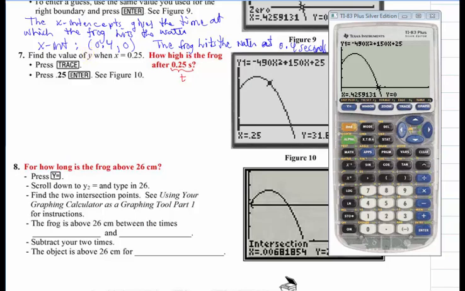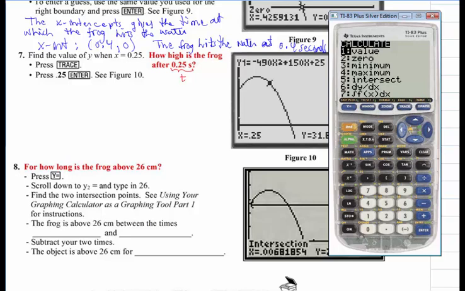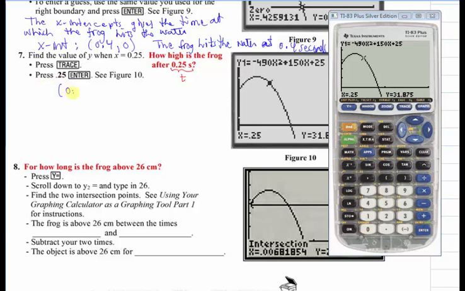Okay, so the way to do that, you want to go to second, trace, you want to choose value, so that's item 1, so press 1, put in for x 0.25 and press enter, and you find that at 0.25 seconds, so I'm going to write that as an ordered pair, so at 0.25 seconds the frog will be 31.9 centimeters off the water. Okay, that's how high they will be.